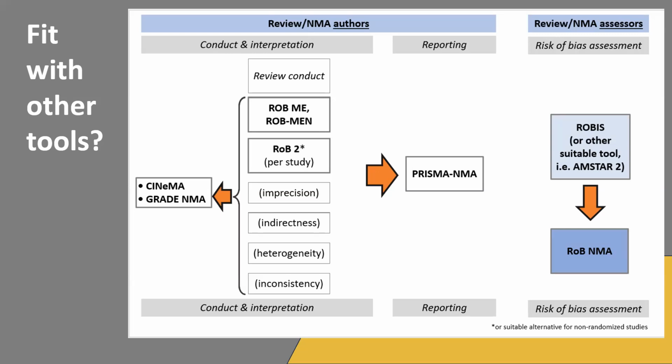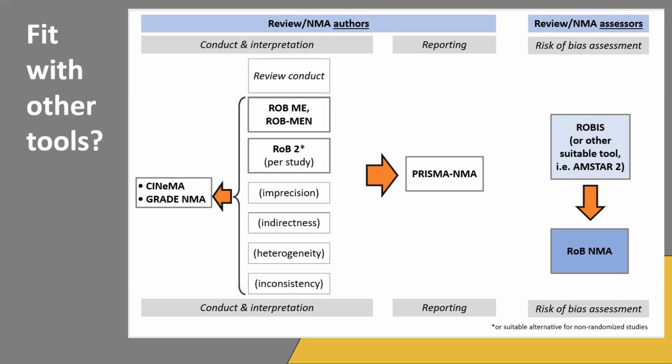Authors of NMAs use tools to assess bias in the included studies, such as the Risk of Bias 2 tool by Cochrane, or the RoB NMA tool, which is for missing evidence, or, for example, the GRADE NMA or the CINeMA tools, which are used to assess the pooled primary study evidence.